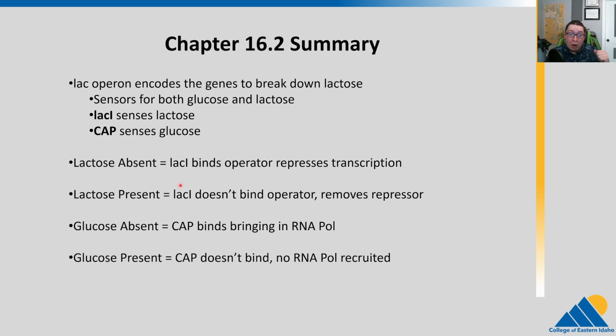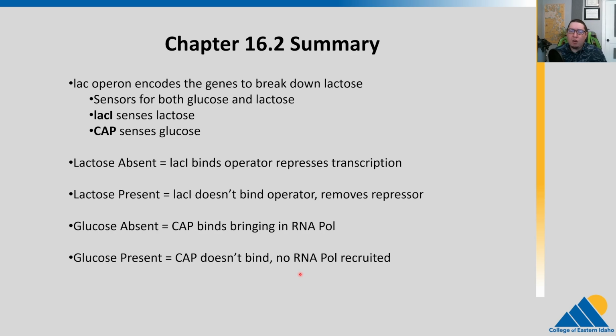When lactose is present, lacI doesn't bind to the operator. It removes the repressor, right? Lactose bound to that repressor, changing its shape. Glucose, on the other hand, that is our positive regulator through the CAP protein. CAP protein binds to the promoter and brings in RNA polymerase. When glucose is present, though, the CAP doesn't bind and no RNA polymerase is recruited.